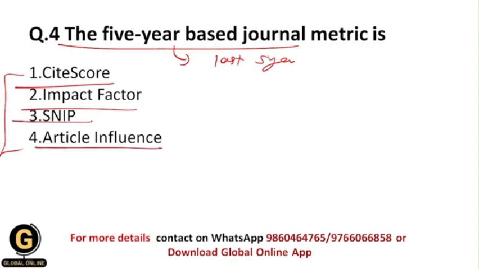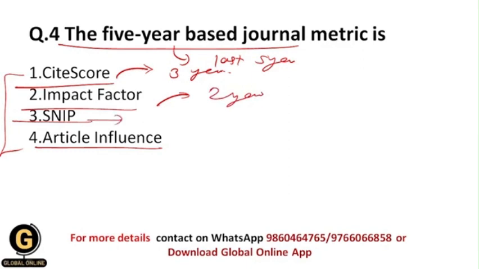Students, CiteScore basically tracks citations for the last 3 years, and impact factor tracks your citations for the last 2 years. Now let us see what SNIP and article influence are.